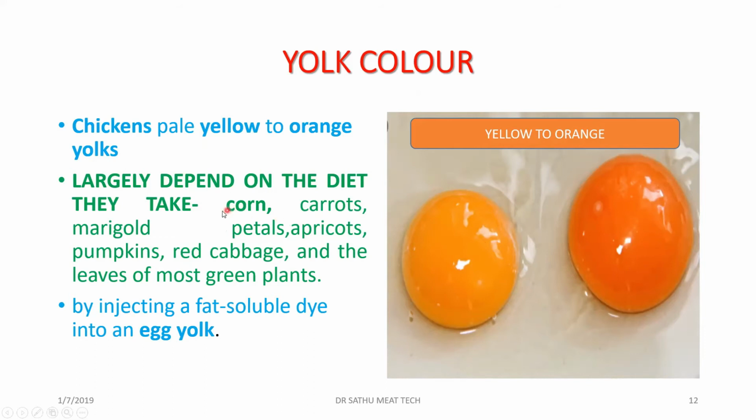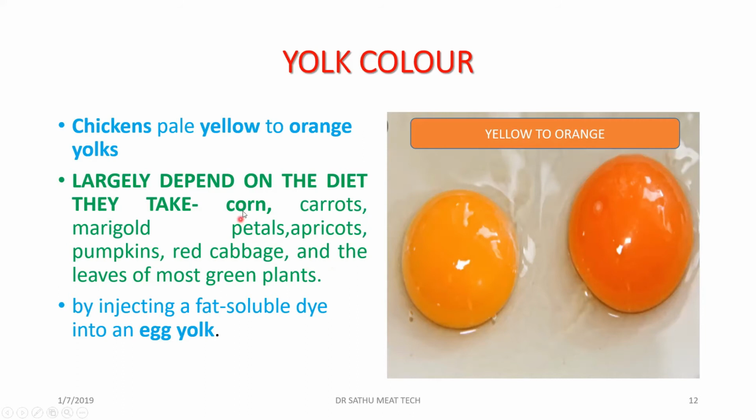For example, if you feed yellow corn, then you will get more yellow color. If we feed carrot or marigolds, or with free range poultry, the color is more orange because they feed on grasses, grasshoppers and insects, which contain a lot of carotene or xanthophylls, which give the more orange color.